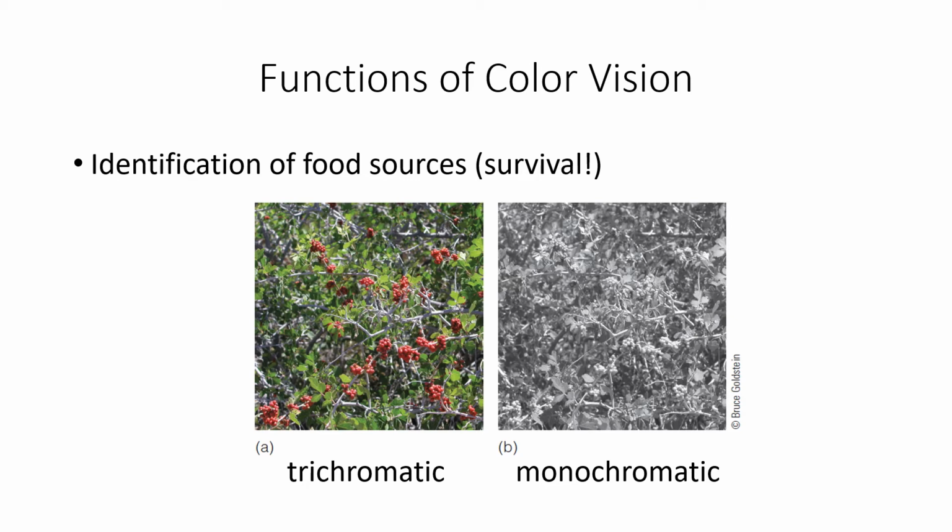If we look over to the right-hand side there in B, a person who is monochromatic is not getting the differentiation in the color, so they would have to feel around and prick their hands in order to find the berries by feel. What color vision gives us is the ability to see those fruits and berries. And so that was a real leg up, an advantage for us in the evolutionary chain.